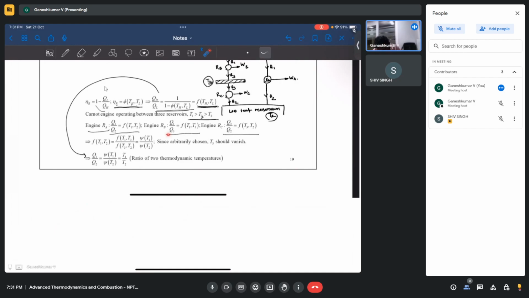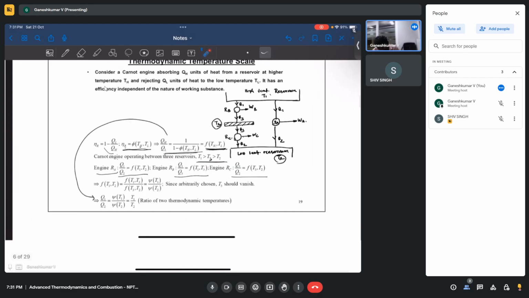Similarly, you can write this as a function of T for engines B and C. Now, since T3 was arbitrarily chosen, it should vanish, because you divided the two. These two should vanish because reversible engines will always give you the same output.